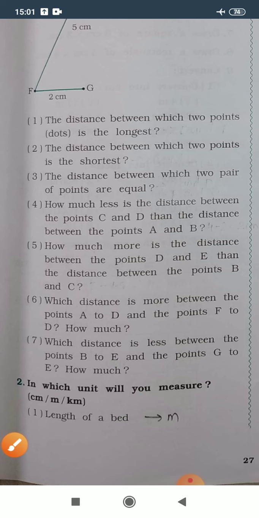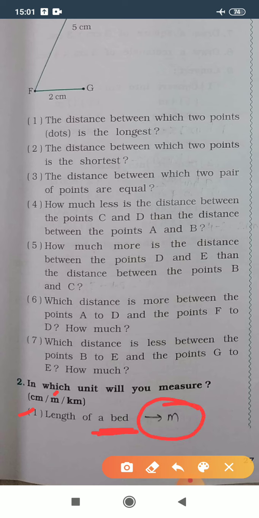So let's start. Number 1, length of a bed. Everyone knows that the bed we can calculate in meter. So your answer is, the bed is calculated in meter, so m indicates meter.